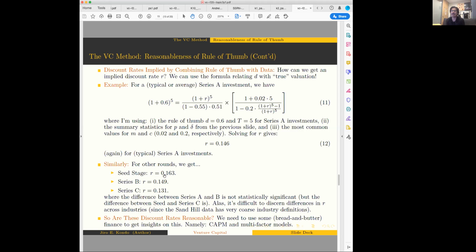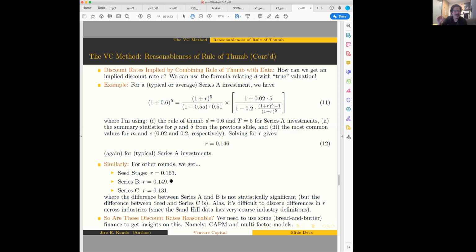Do the same thing for Series B, you get 14.9%. Do the same thing for Series C, you get 13.1%. Now, look, I like to bucket Series A and Series B into one. If you look at the average of Series B and Series A, it's about 14.75%.